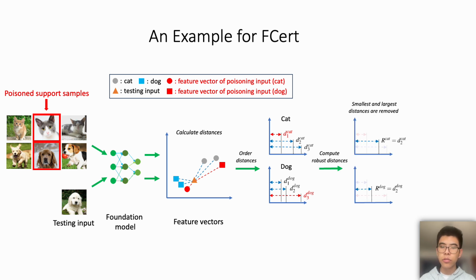Then we remove the smallest and the largest distance for each class, and the remaining distance is considered as the robust distance. We can see that in this step, the distances calculated from poisoned support samples are removed. Lastly, we can see that the robust distance of the dog class is smaller than that of the cat class. So dog is the predicted label after data poisoning.